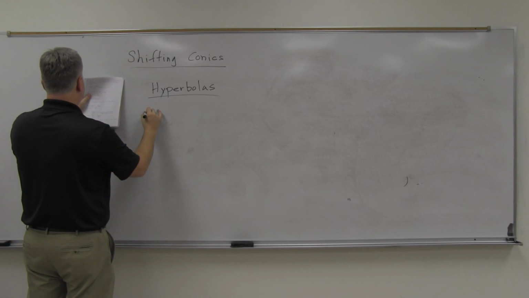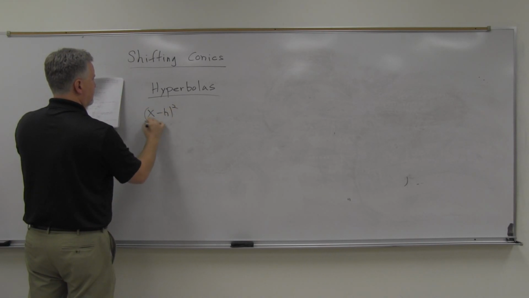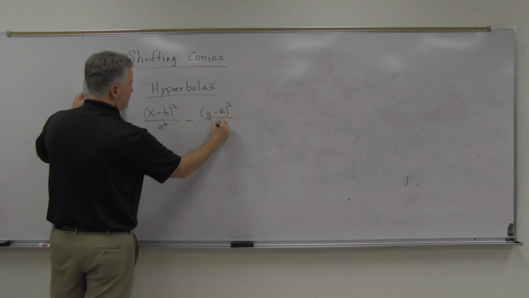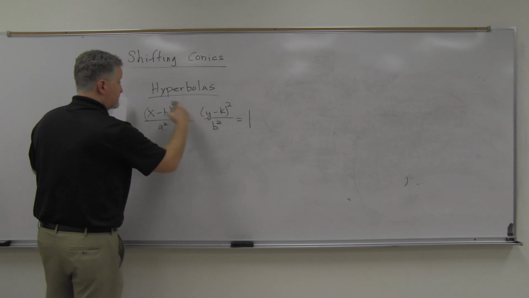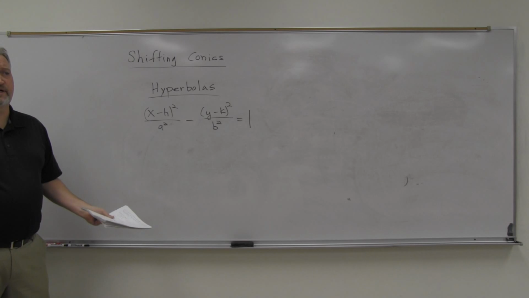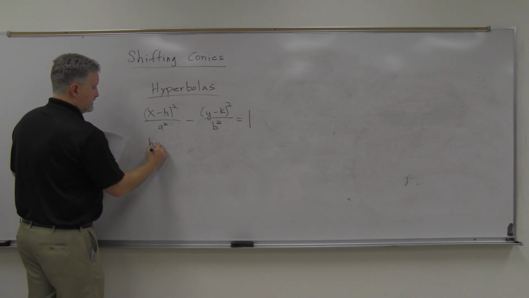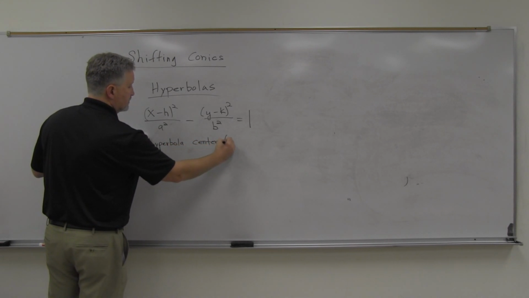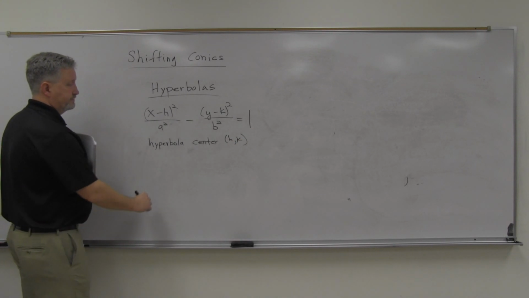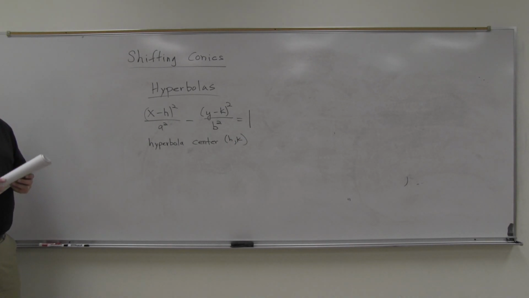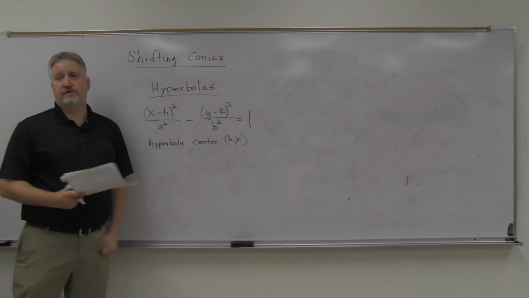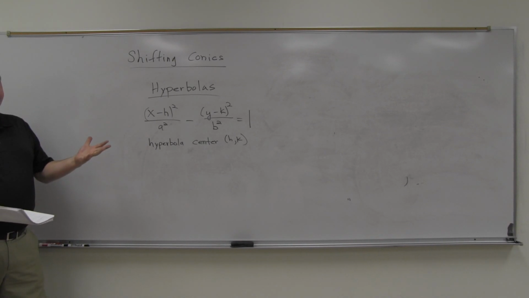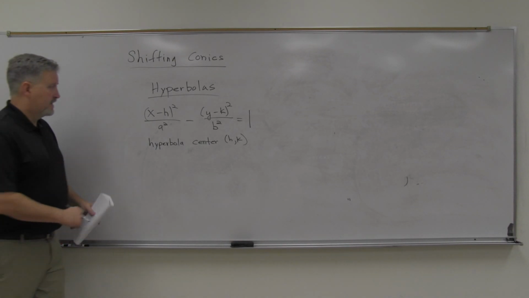If I've got x minus h squared over a squared minus y minus k squared over b squared equals 1, because it's x squared, y squared, but it's minus in between, that's a hyperbola centered at h, k. Whatever is subtracted from the x is your h, whatever is subtracted from the y is your k value, your center. So that's good. Shifting works much the same way.